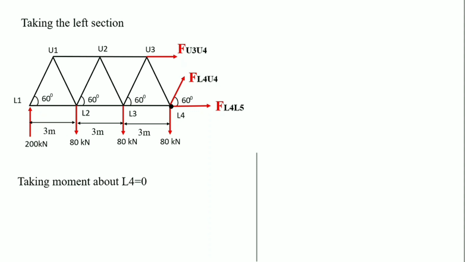Why do we take the moment about L4 equal to 0? Because the majority of the forces are acting through L4. Thus we can easily find out the force FU3U4. The forces which cause moment are 200 kilonewton, 80 kilonewton, 80 kilonewton and FU3U4. This 80 kilonewton will not cause any moment.